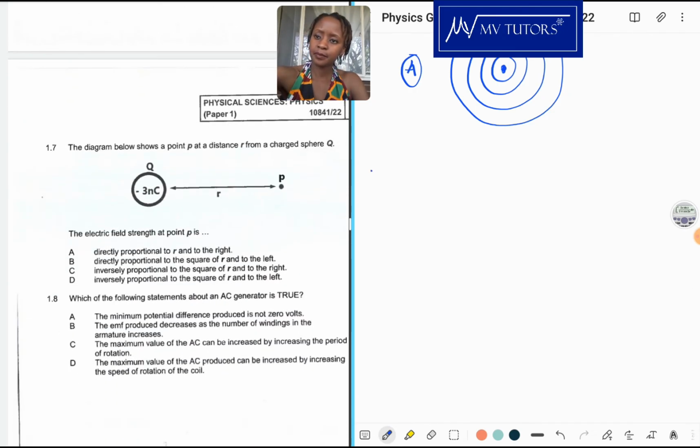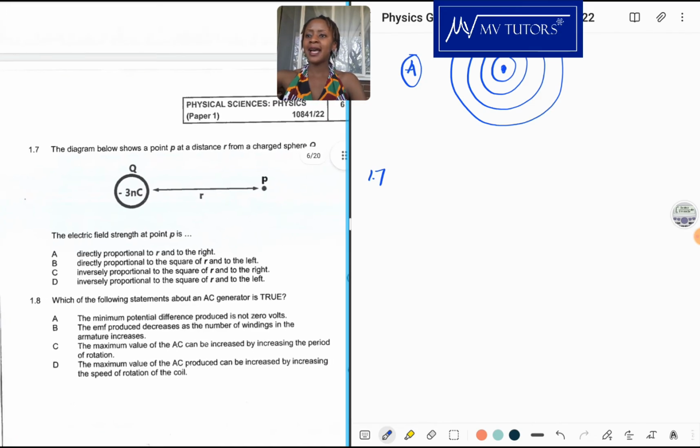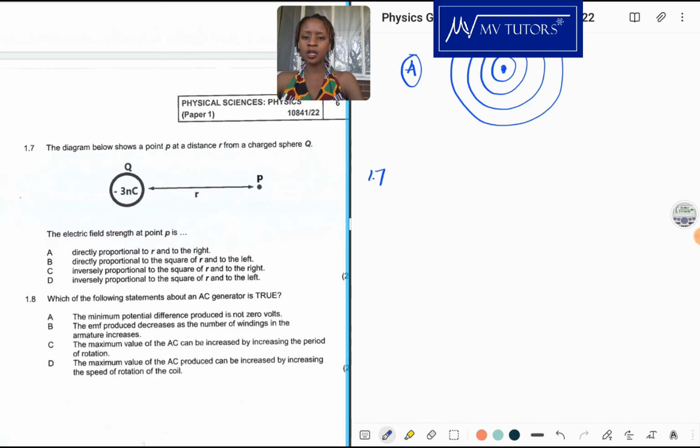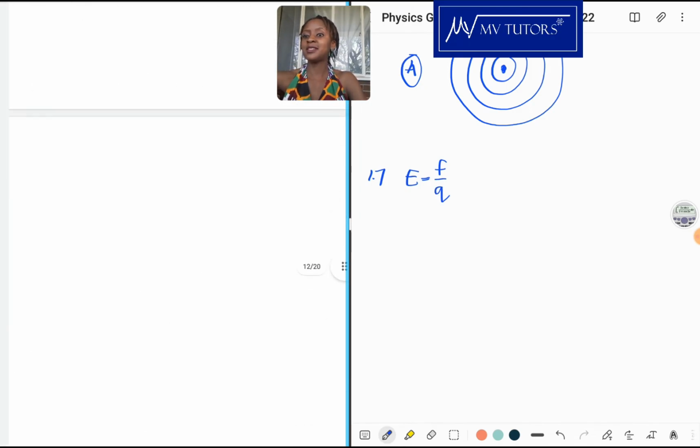1.7. Okay, the diagram below shows a point P at a distance r from a charged sphere. The electric field strength at point P is, so remember, electric field strength is equal to the force over the charge. Ooh, let me just make sure I'm not telling lies.